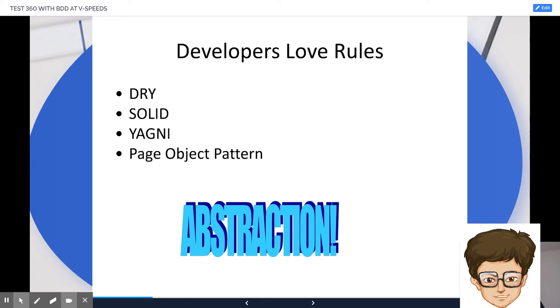When we start writing code, we follow all the rules, such as don't repeat yourself, SOLID principles, You Ain't Gonna Need It, or more commonly known as YAGNI, and of course the famous page object pattern, which is followed in the test automation world. What does all this rule-following do to your test suite or test scripts? It leads to abstraction. Abstraction is good code-wise, but what about the domain details? They often get lost in our design model.